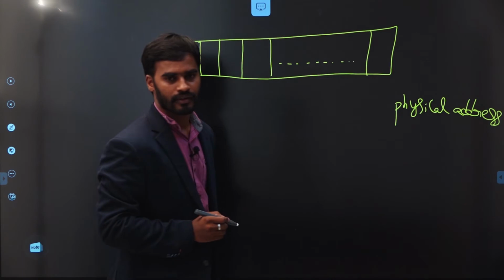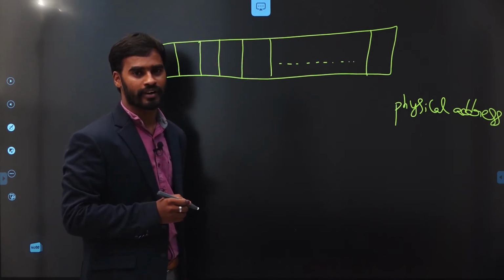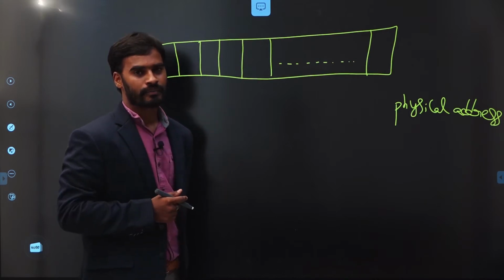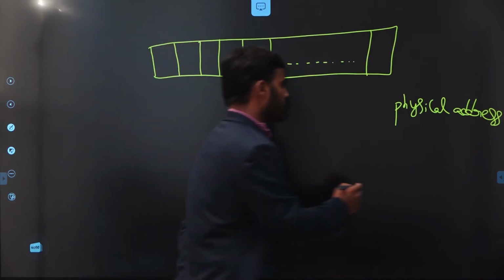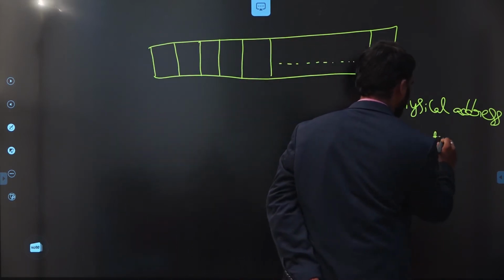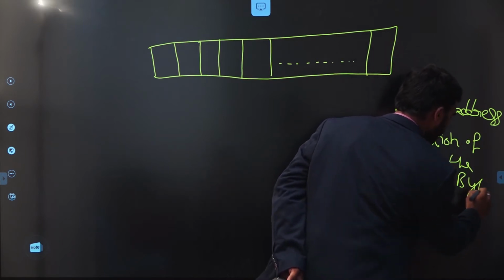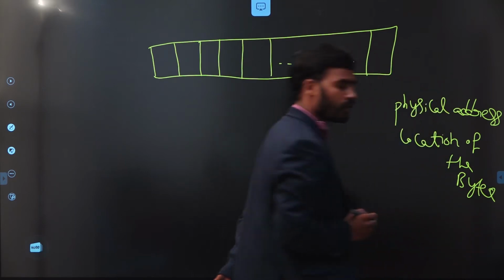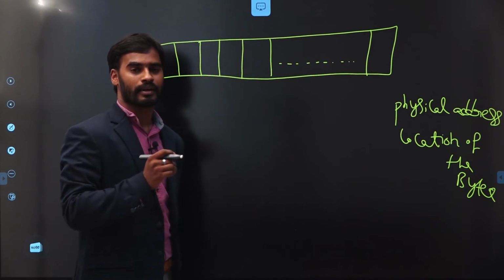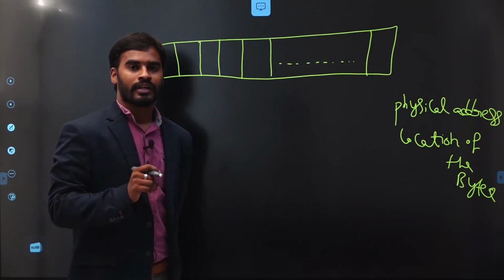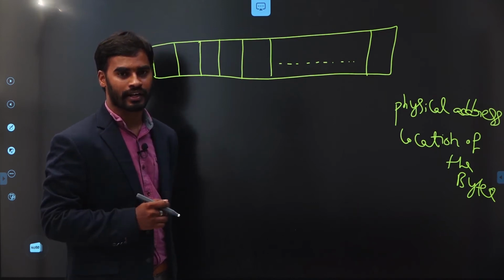Every memory location, every byte in a computing device, has a unique number. That number is called the physical address. It's also called the location of the byte.